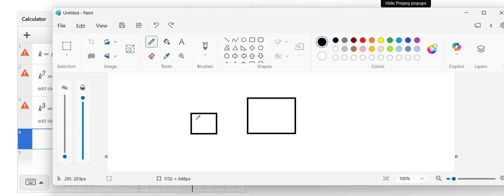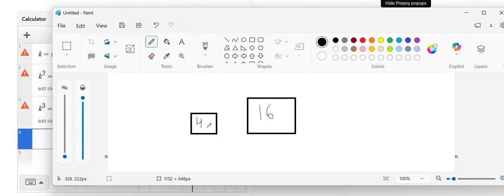Similarly, area. If I tell you the area of this one is 4, and the area of this one is 16, then your scale factor is K squared.